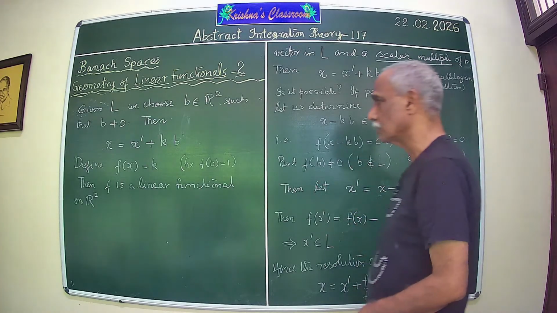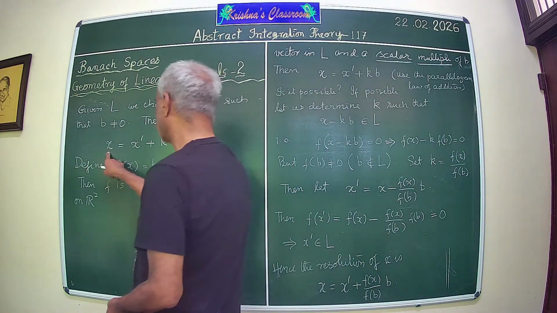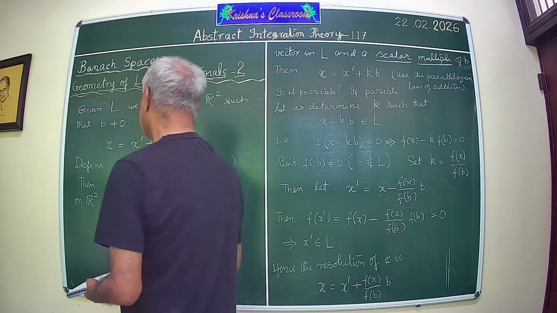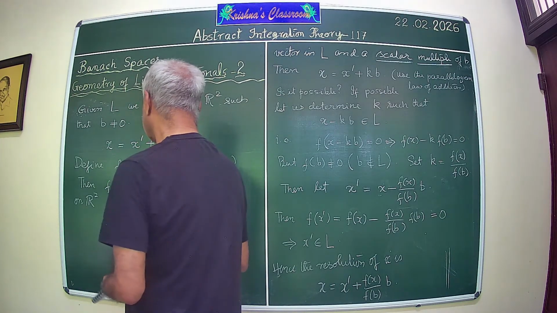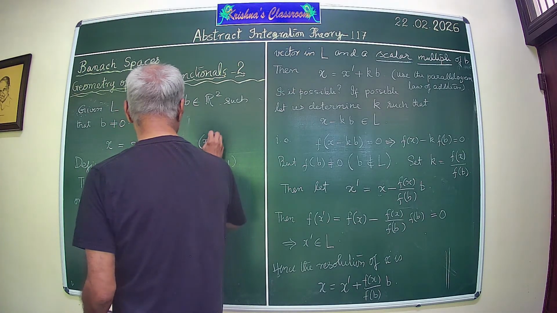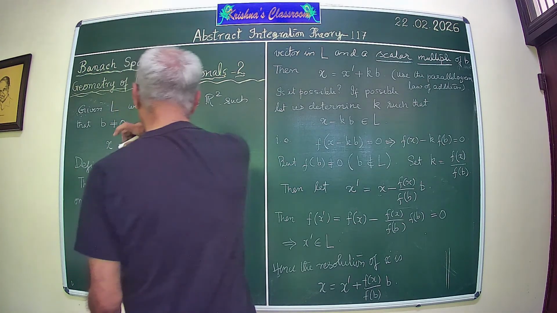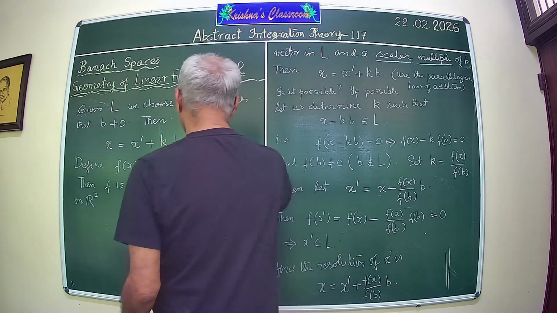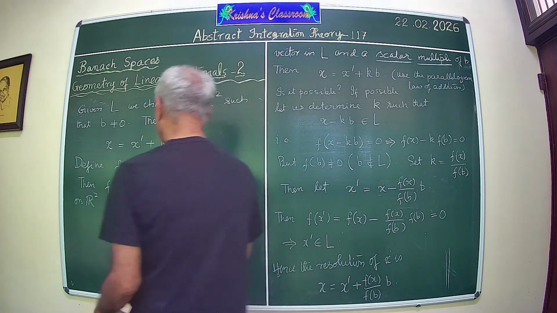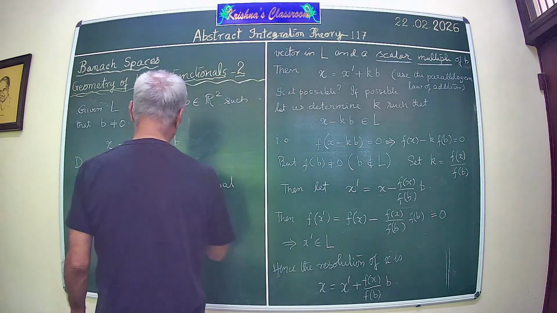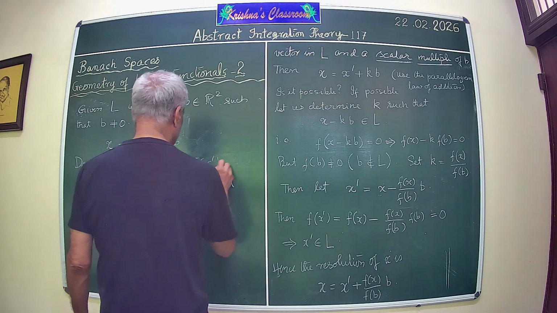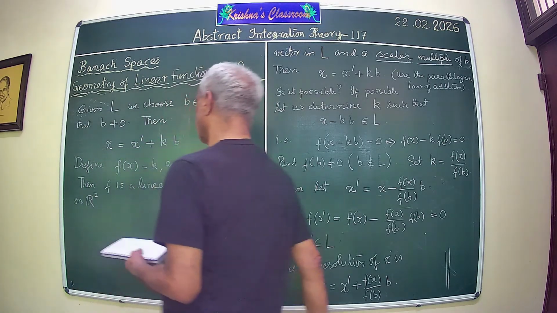Just verify. So if you take some x and x tilde, and then work out its. So here x prime belongs to L, define f(x) equal to k, and f(x prime) equal to 0.